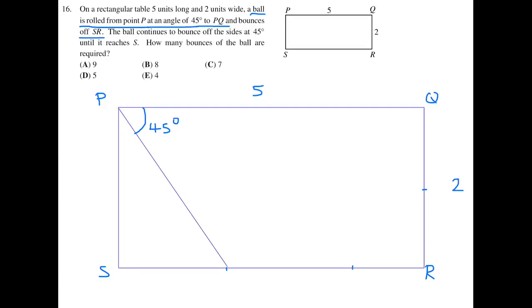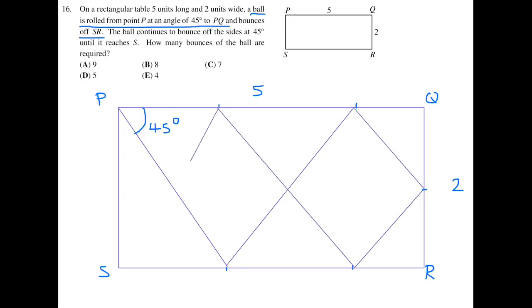So the next place that it's going to go is it's going to keep going like that. All right? And then it will bounce off again, come here, bounce off again, go there, bounce off again, go there, and bounce off one final time and eventually land at S. And I'm going to draw arrows to kind of indicate how it traveled.